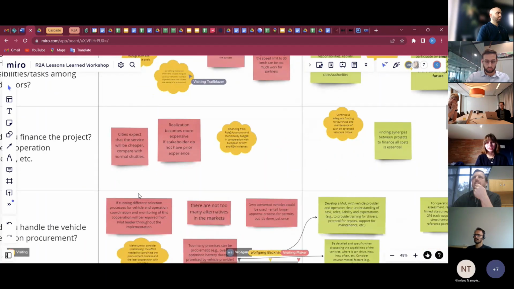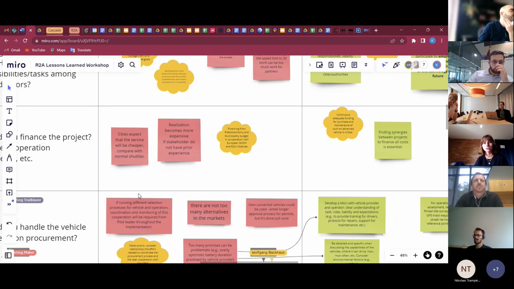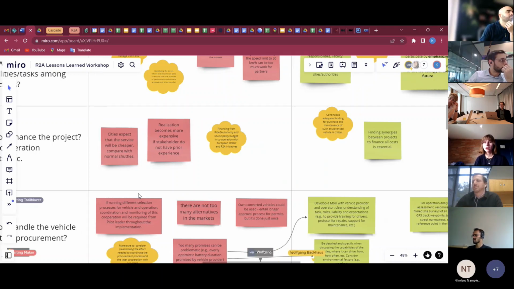In terms of financing, cities expect the service to be way cheaper compared to normal shuttles. Also, realization becomes more expensive if stakeholders do not have prior experience or knowledge in shuttle implementation, because then there are a lot of drawbacks and setbacks in terms of time, money, etc. So it's important to first raise awareness and provide stakeholders with necessary information so they are somewhat prepared.